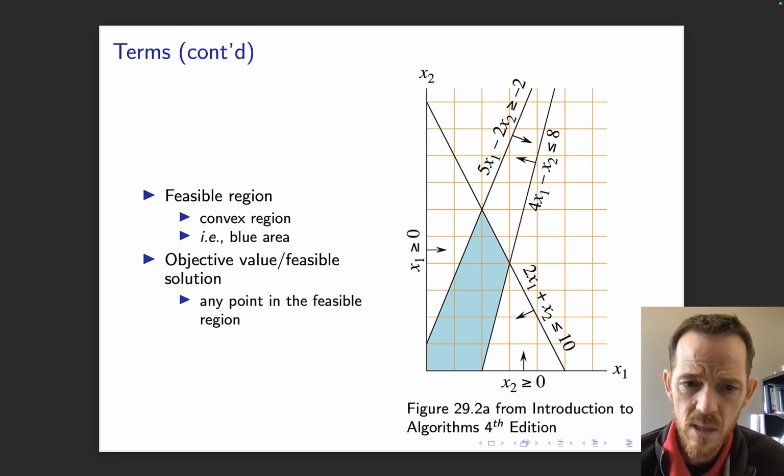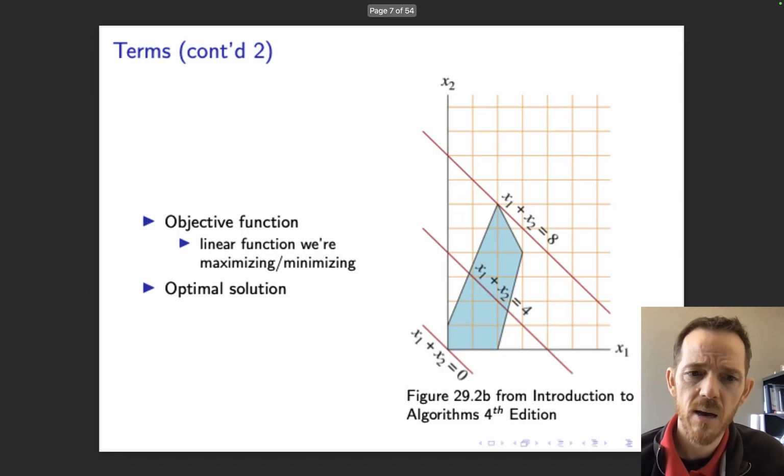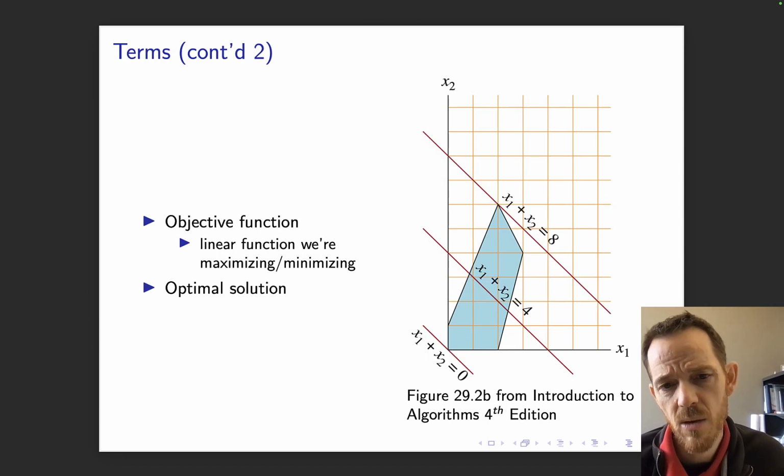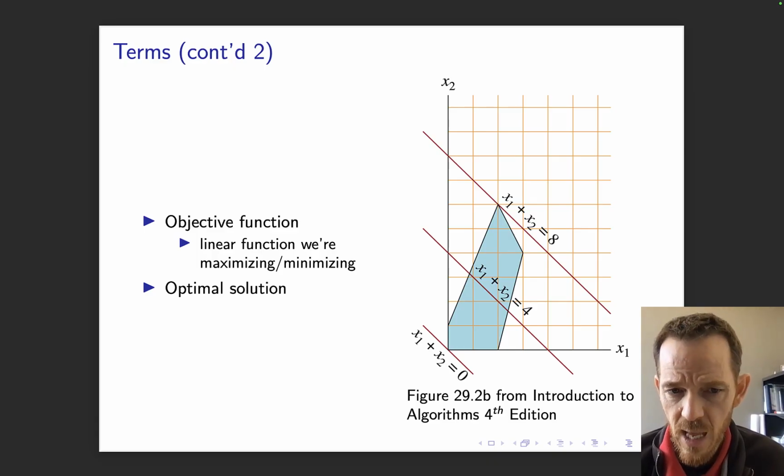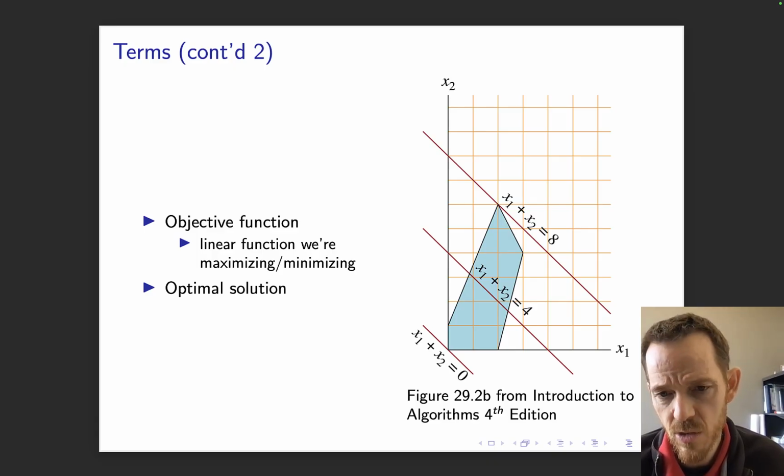And so we also have an objective function, and we say, okay, in this feasible region, we want to maximize some objective function. And so we're looking for the optimal solution. So while there are many solutions that will work, we want the optimal one.